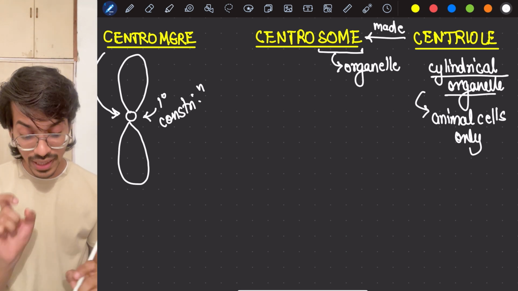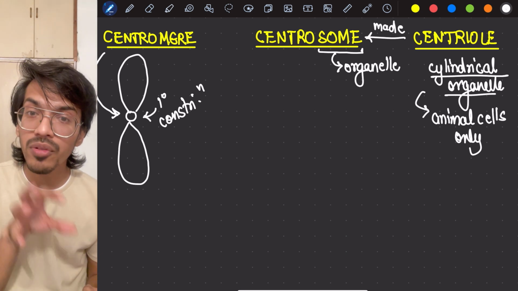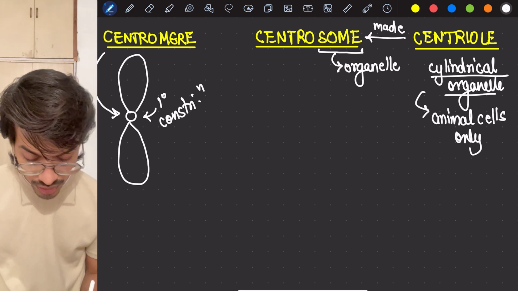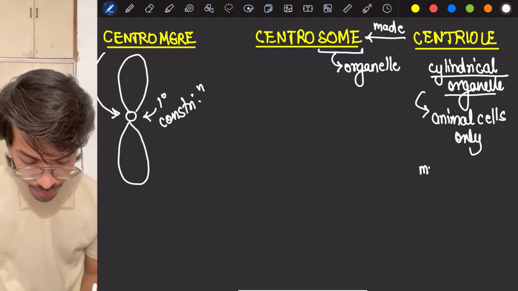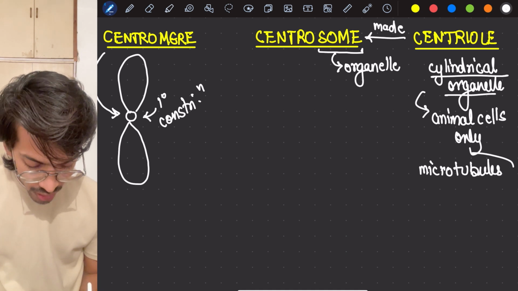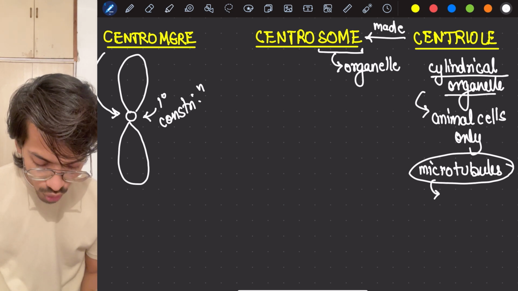Moving on, this centriole, I said that it is cylindrical. So it must be made up of some basic units. So what is the basic unit? The basic unit is the microtubules. And these microtubules, further basic unit is what? The basic unit is the tubulin protein.